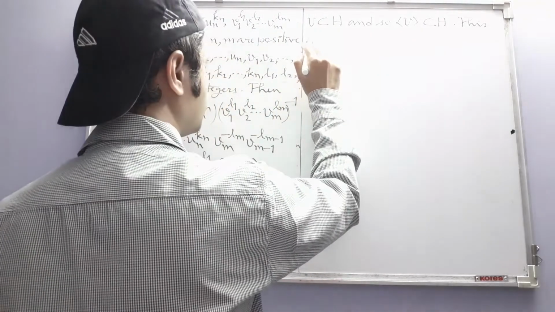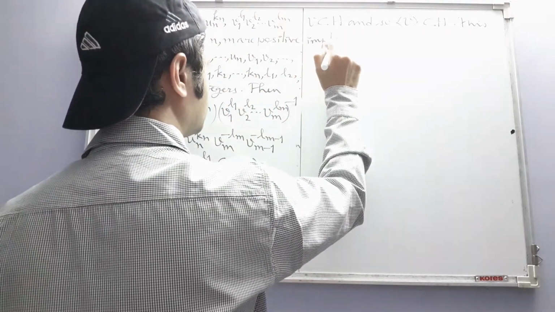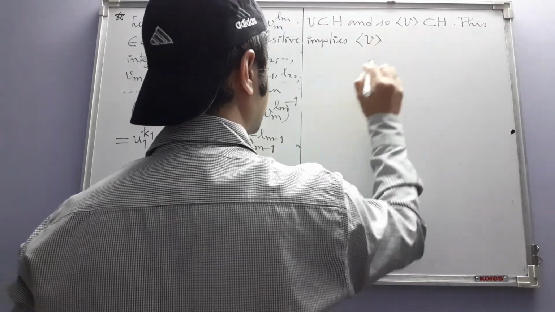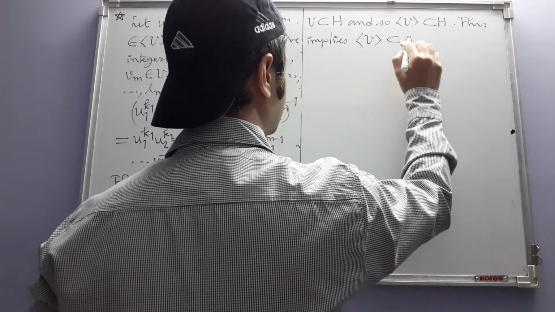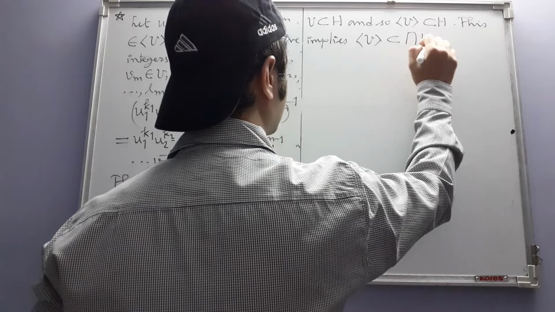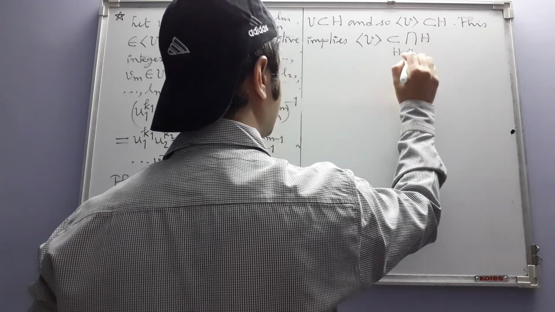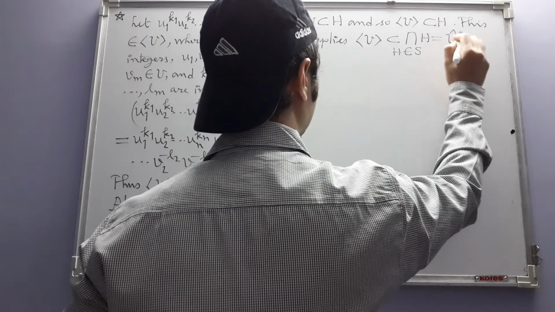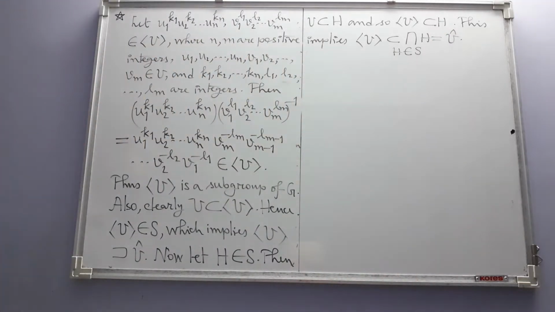But this implies what? That this is contained in the intersection of all the elements in S, which is nothing but our subgroup generated by U hat.